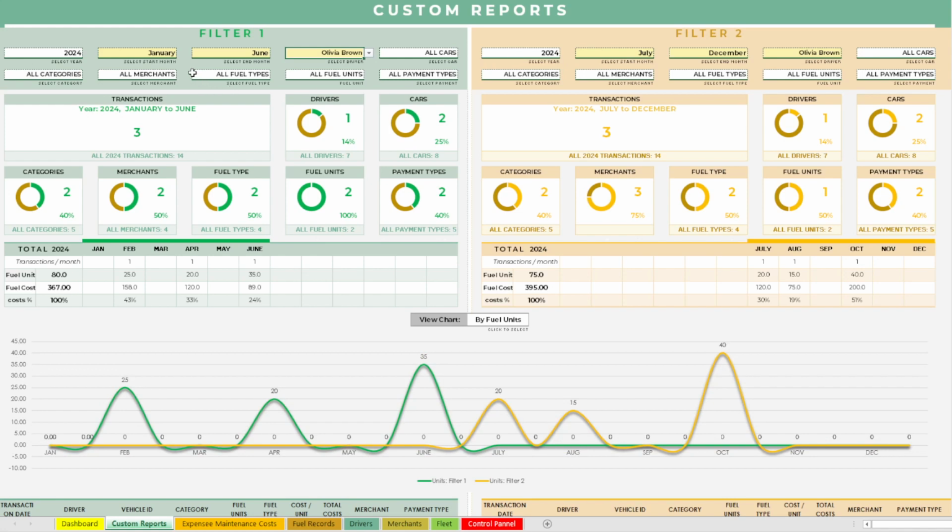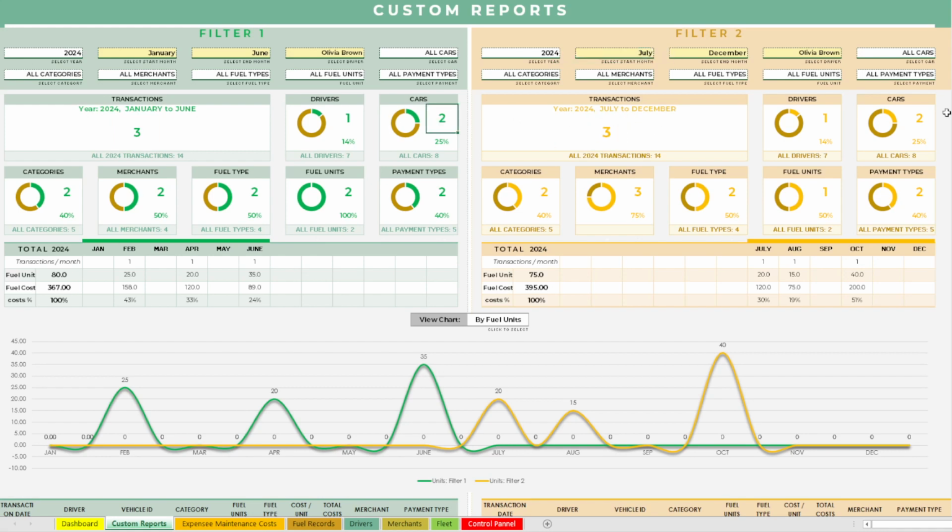How much does she spend on fuel in the first six months of the year, as you see here, January to June, compared to the last six months, the first half of the year with the second half of the year. So we see that in January to June she made 3 transactions. In July to December she also made 2 transactions.